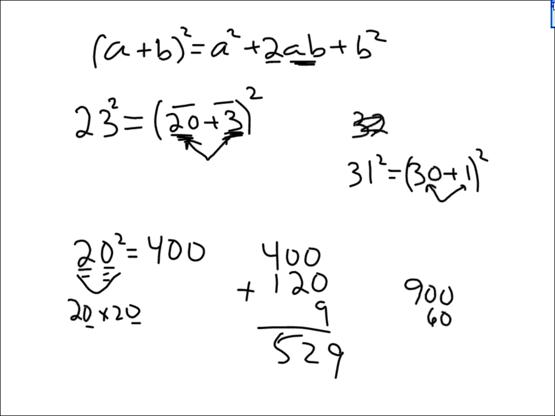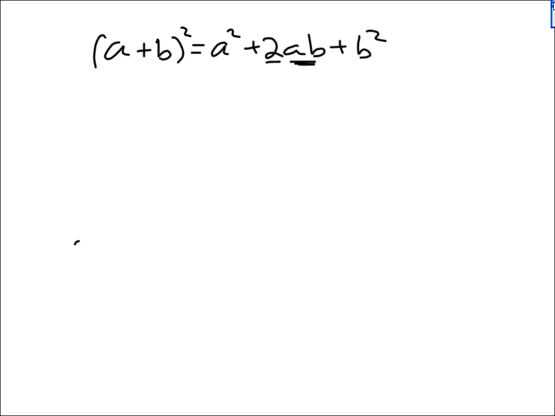Just don't say the plus. 900 plus 60 is 960. Plus 1. 1 squared is 1. 961. No calculator. So it's pretty good to know that.